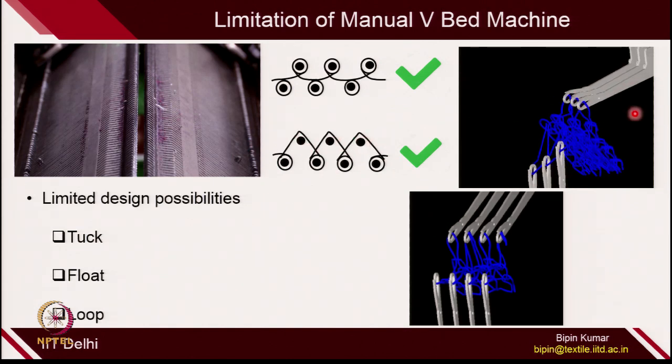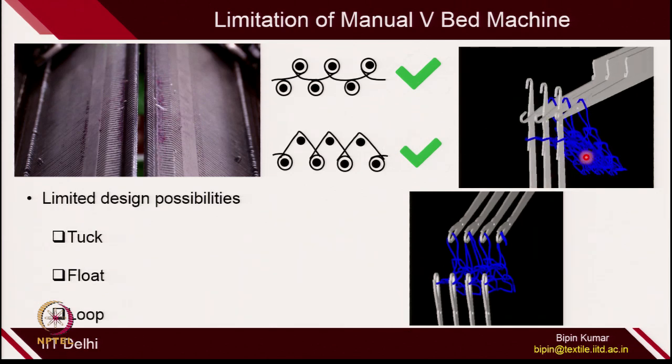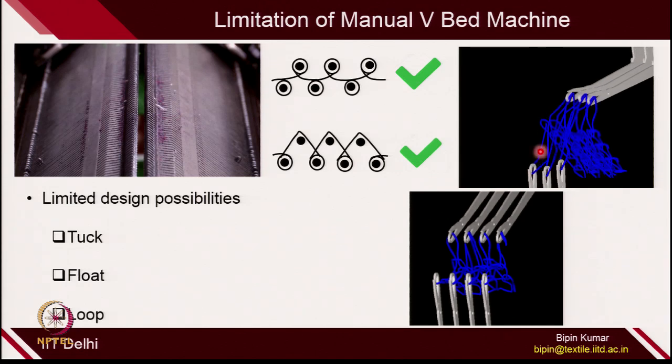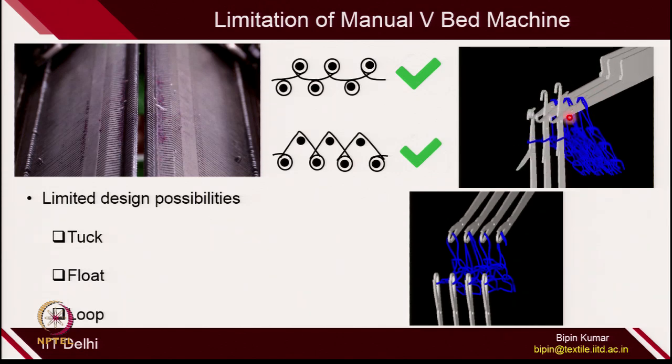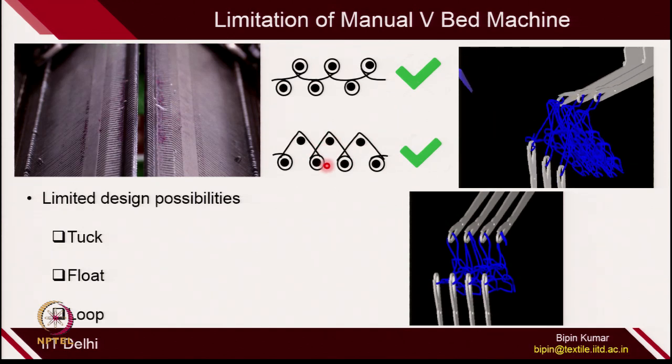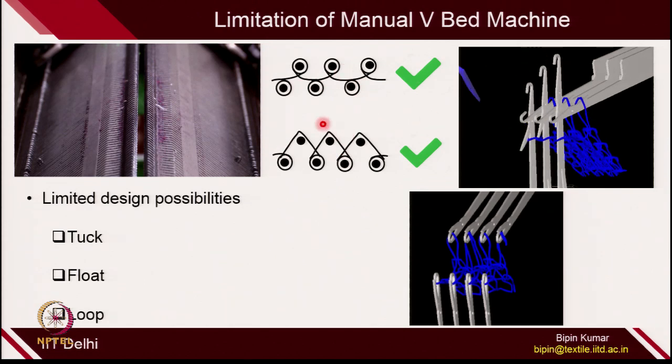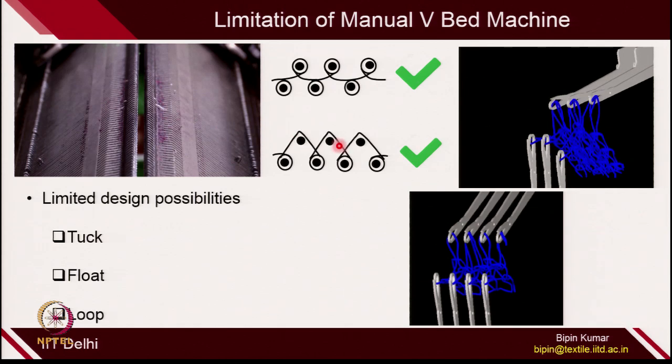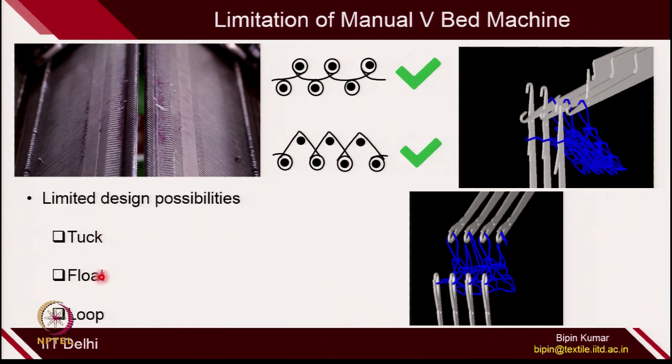If you see the animation, the front bed is making a loop and the back bed is making a tuck. And in the next course both are making loops. So, these designs are possible where all the needles of either bed can make tuck, float and loops. These are the simple designs.